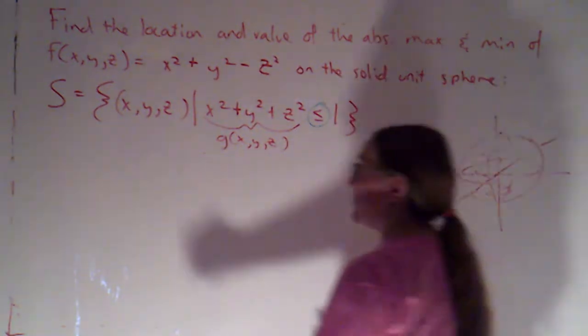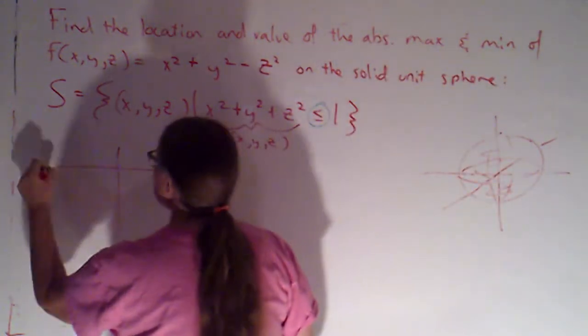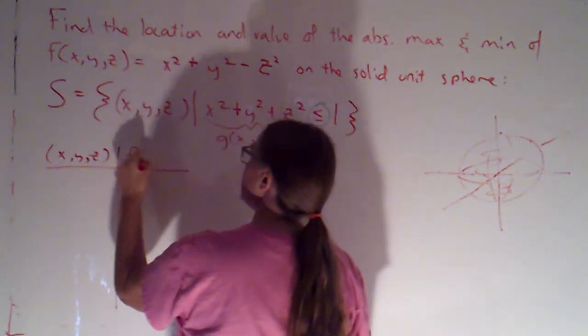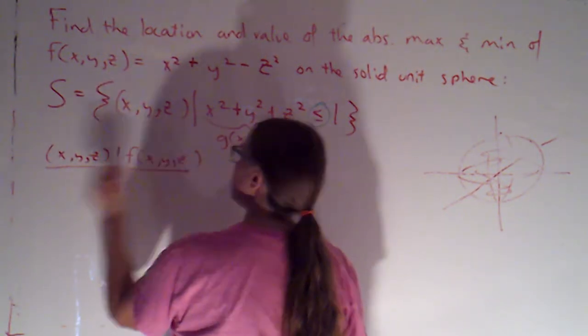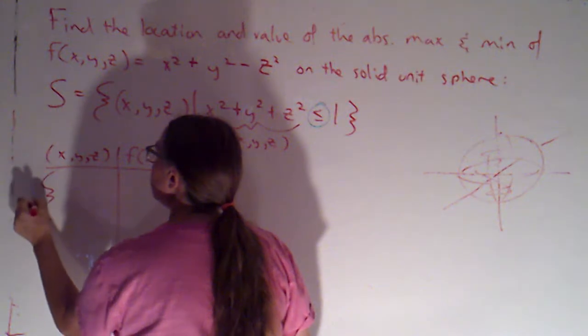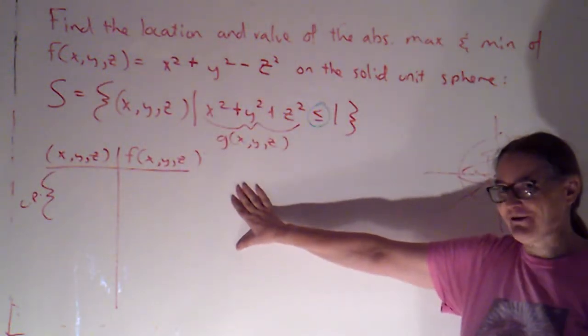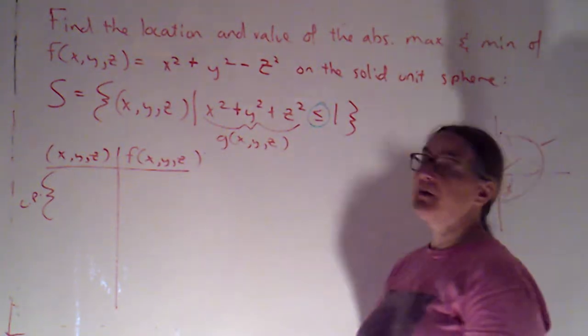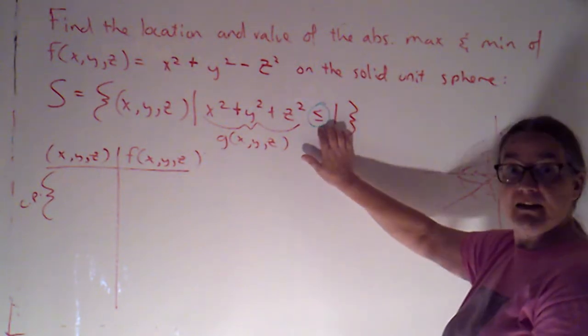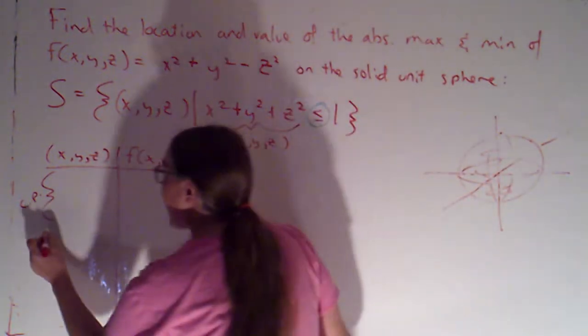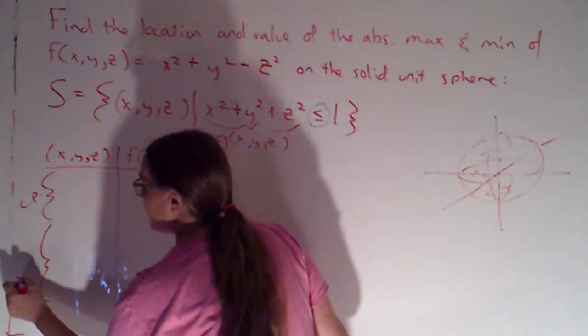Okay, so I'm going to now say I need to list all of the possible locations for my maxes and mins, and that will include critical points. Most of the examples that I'm working through in these videos are going to be regions like this that are described by an inequality, so that you have to check both critical points and boundary points.